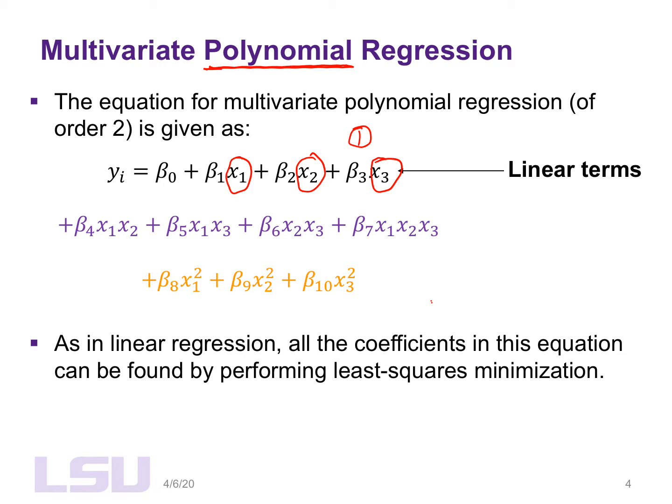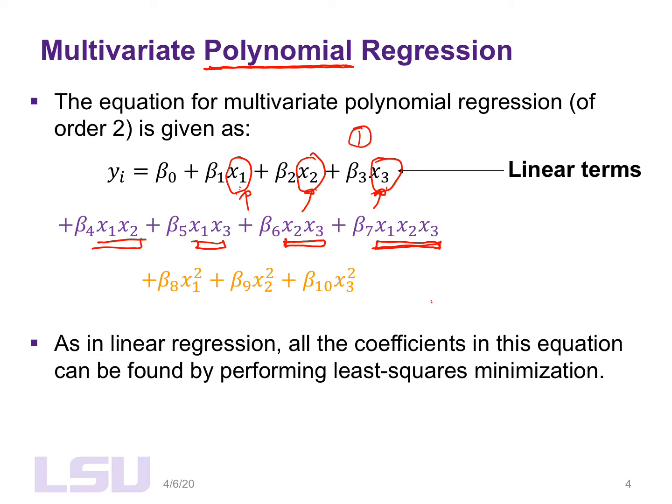But you see here, you have the product of those three independent variables, so all three of them. These are all the possibilities. You could have x1 times x2. You could have x1 times x3.